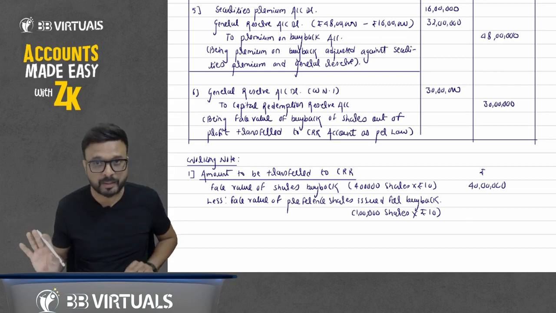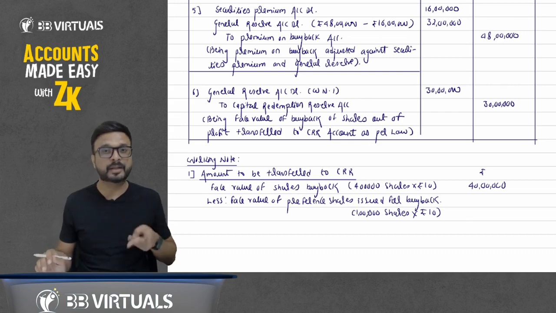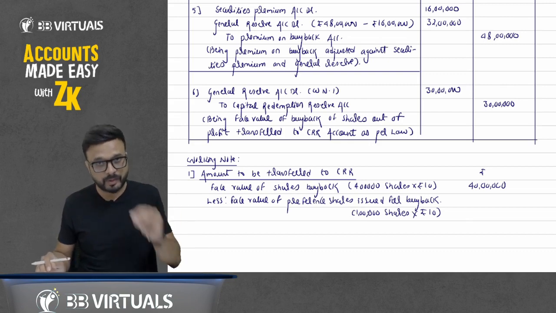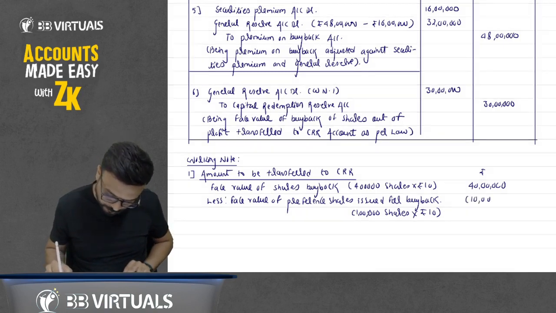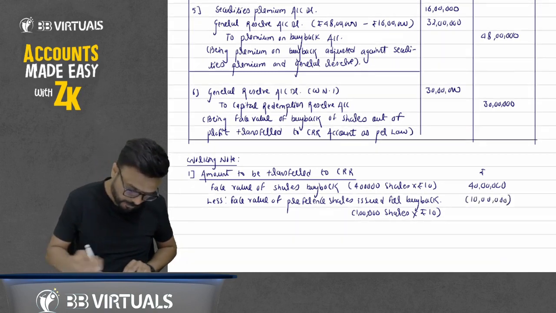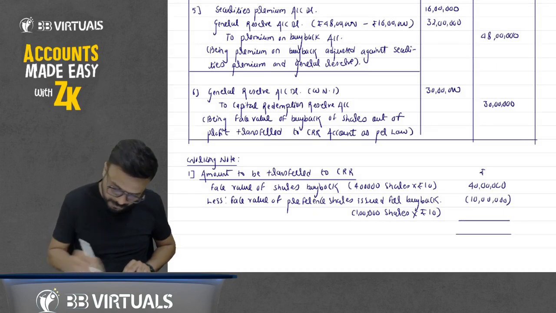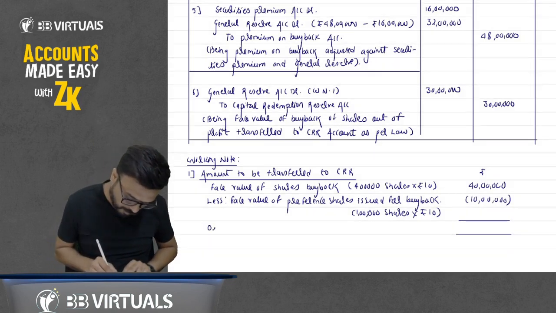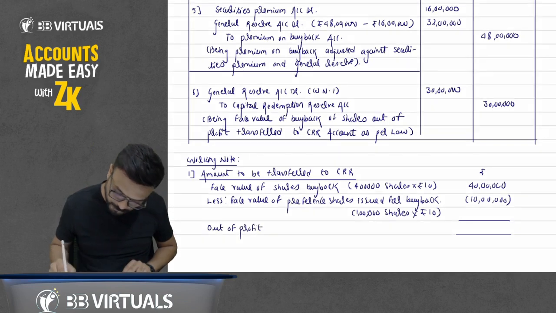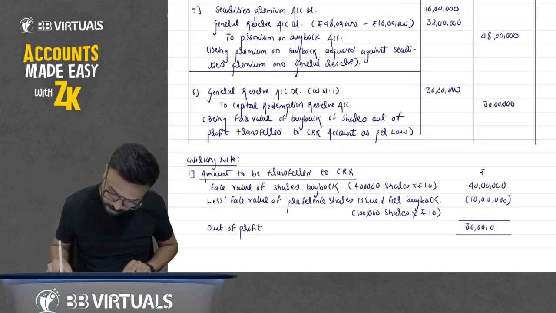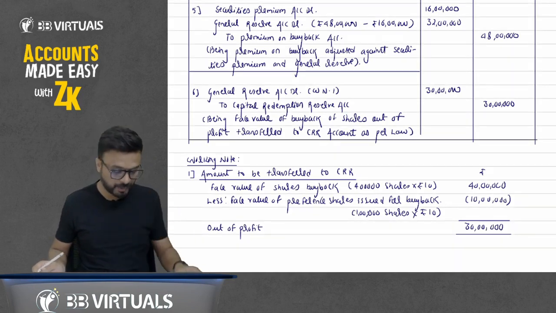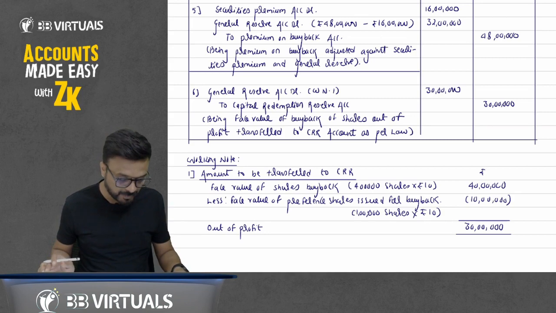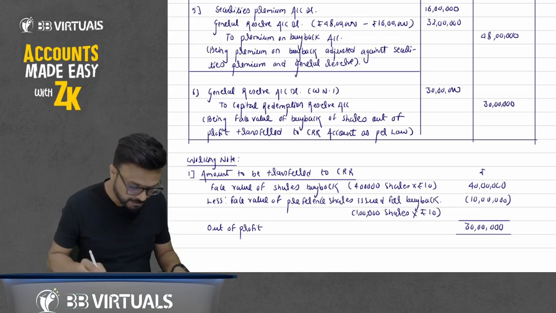Even if it is issued at a premium, we have to take face value because capital increases or decreases by face value only, because we record capital at face value. So here it will come to 10 lakh. So here it is how much? 30 lakhs. Out of profit, 30 lakhs.